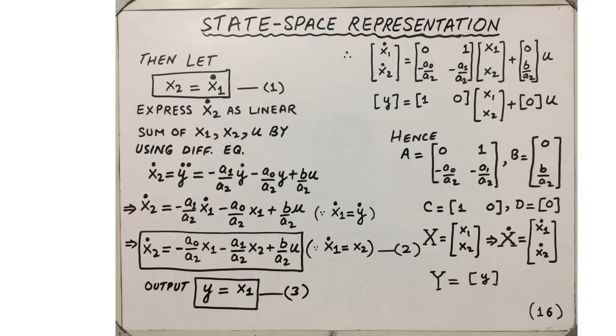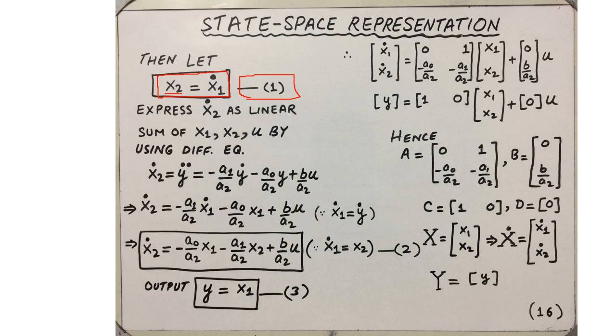With x1, our first state variable, now we wish to relate x1 dot with the other state variable, that is x2. And the rules say that x1 dot must be expressed as a linear sum of the other state variables or the input. So let us just set x2 equal to x1 dot. And this is a valid state space equation. Let's call this equation number 1.